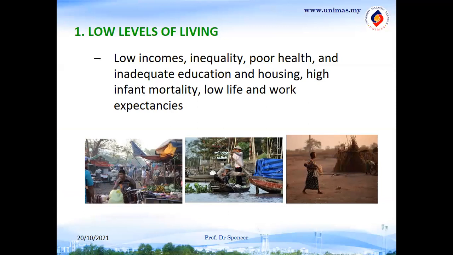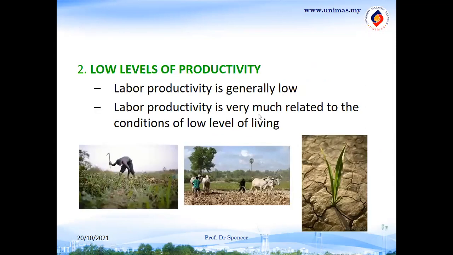So these are some of the characteristics of developing countries. Low income, high inequality, low level of health, inadequate education, some don't have the opportunity to go to school, poor housing and so on. These are some of them.